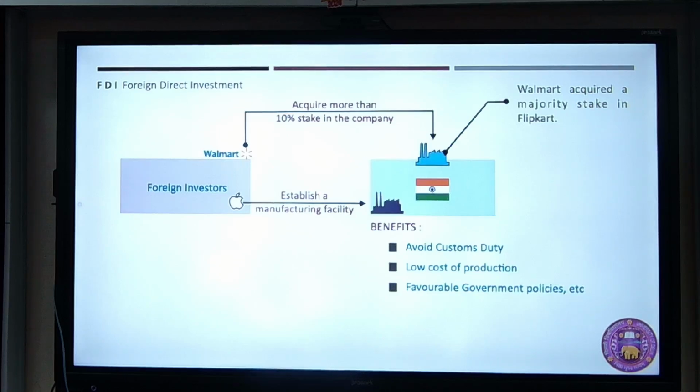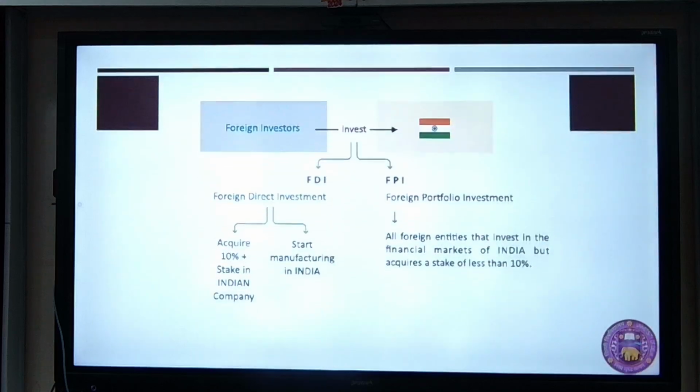Low cost of production, favorable government policies. Maybe the government is promoting a particular sector or FDI by giving certain incentives, like tax reliefs or subsidies. This will again be a benefit for foreign companies.